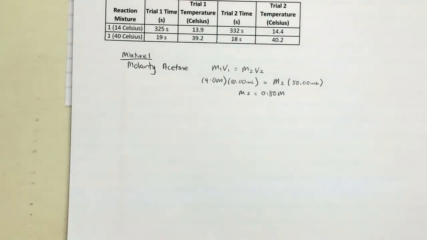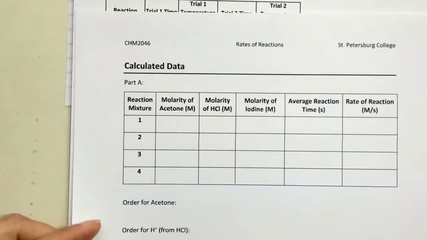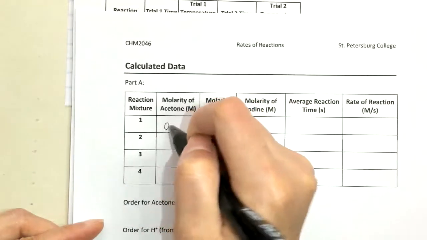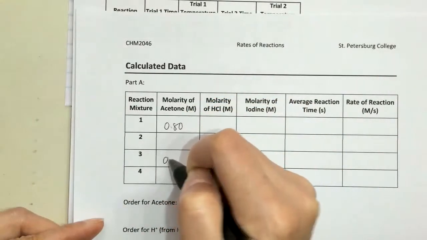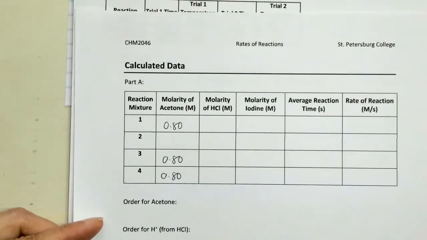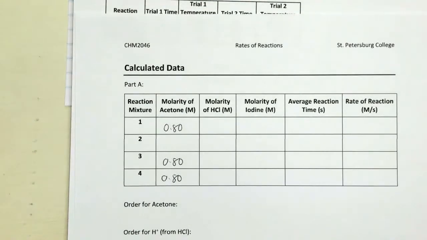Okay, so in my case, I end up having the same molarity for acetone for mixture 1, 3, and 4. So I'm going to go ahead and write that down because I don't have to redo that calculation, correct?